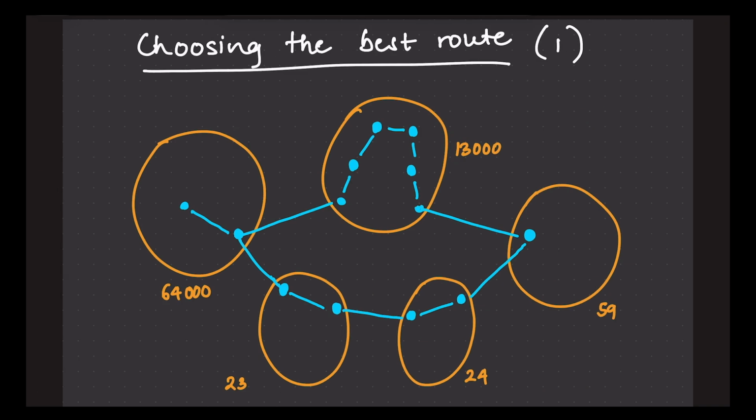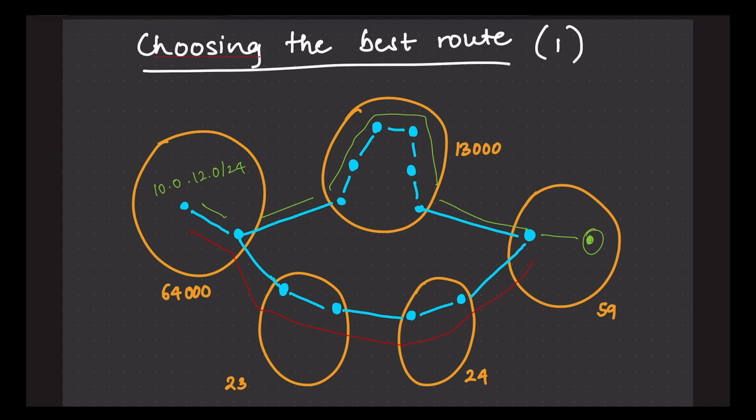Let's talk about a simple scenario. Let's say we have a prefix here 10.0.12.0/24 and this prefix needs to be advertised and reach AS59, let's say this router. Now there are two ways to go about it. This prefix can travel from above, which is this path, or from down below, which is this path.